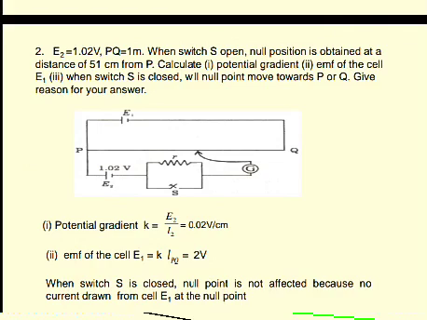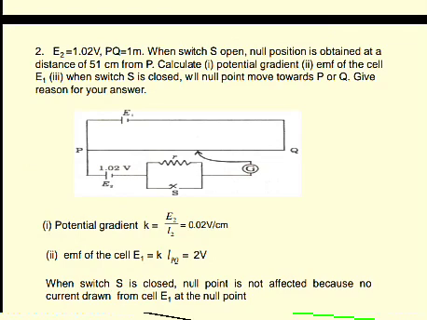When switch S is open, the null position is obtained at a distance of 51 cm from point P. Calculate first, the potential gradient; second, the EMF of the cell E1; and third, when switch S is closed, will the null point move toward P or Q? Give a reason for your answer.